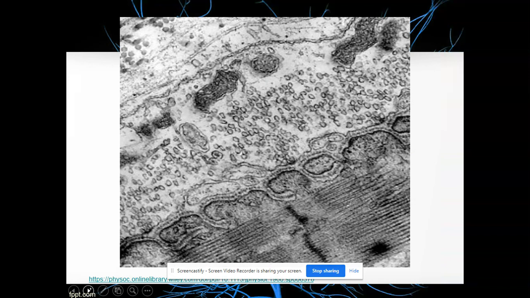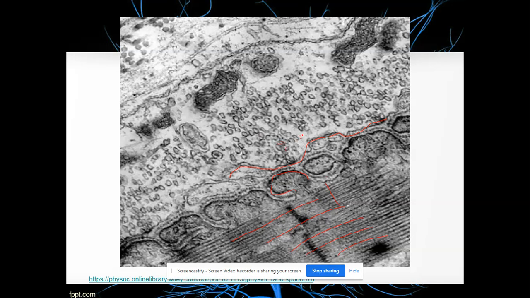Here's another picture looking at the same thing. Here you can see the muscle fibers. Here we have the dendrites, if it were a nerve cell, but since it's a muscle cell, they're not dendrites, it's just cell membrane. Here we have the cell membrane of the presynaptic nerve cell.